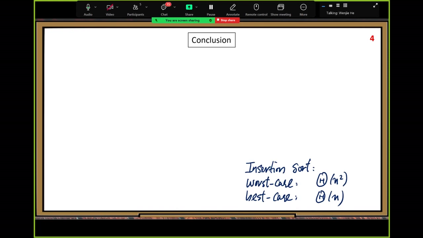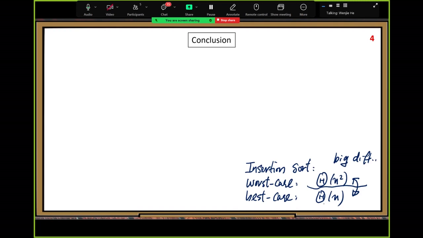What does it tell us? The difference is big. For the worst case, this n squared performance is very slow.